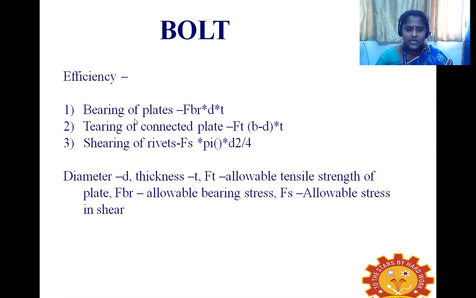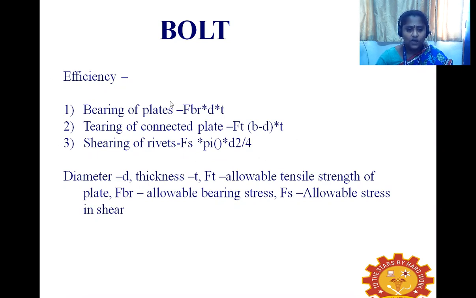Based on the bearing capacity of the plate, the tearing capacity of the plate, and the shearing capacity of the bolt, we decide the efficiency of the entire joint. Here the formula for arriving at each capacity is given: FBR, d, t, FT, everything is given here.